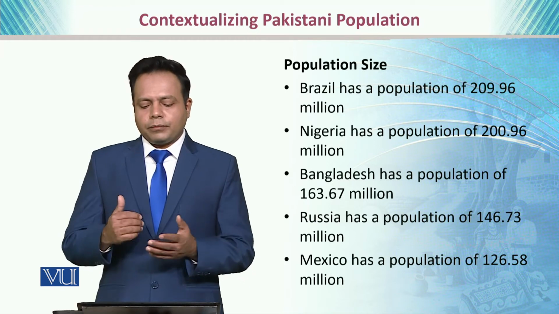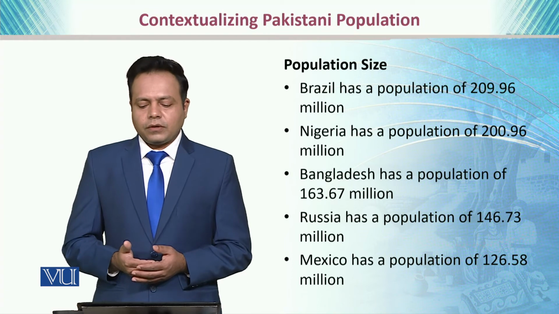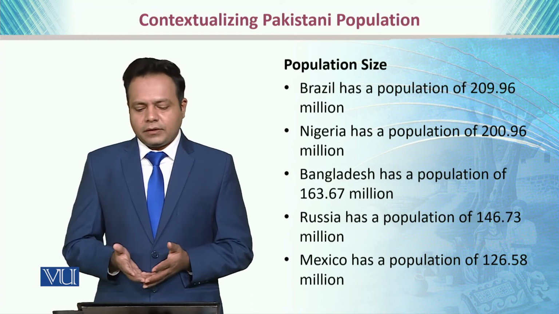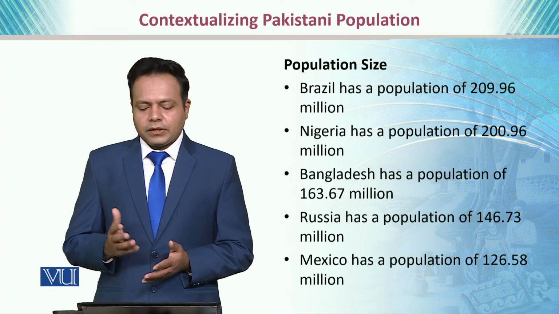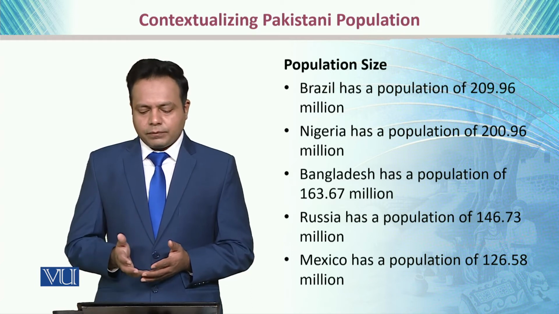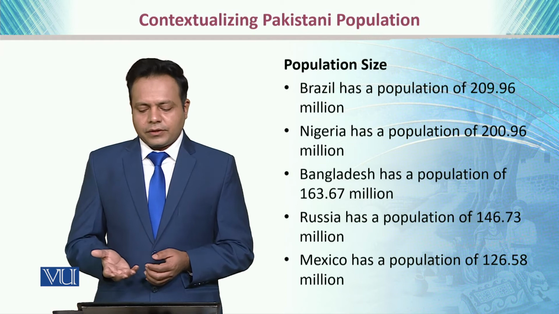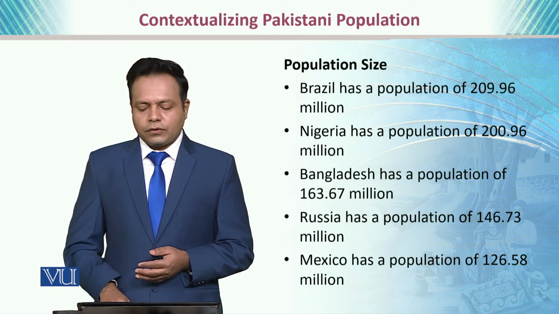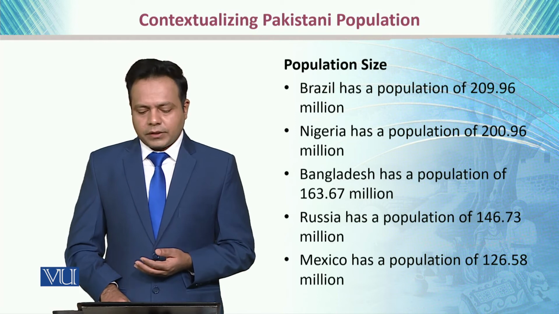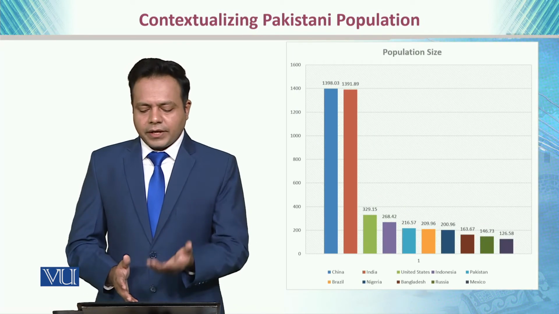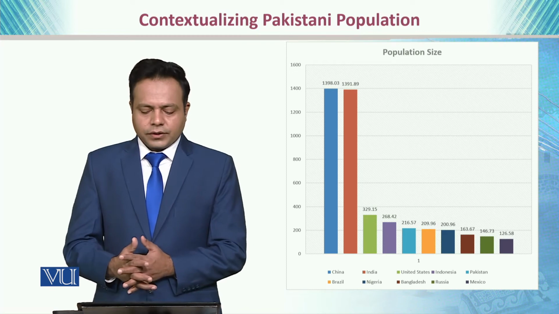Brazil has a population of 210 million. Nigeria has 200 million. Bangladesh has 163 million population. Russia has 146, whereas Mexico's population is calculated to be 126 million. So here you would find a little comparison of all these countries.